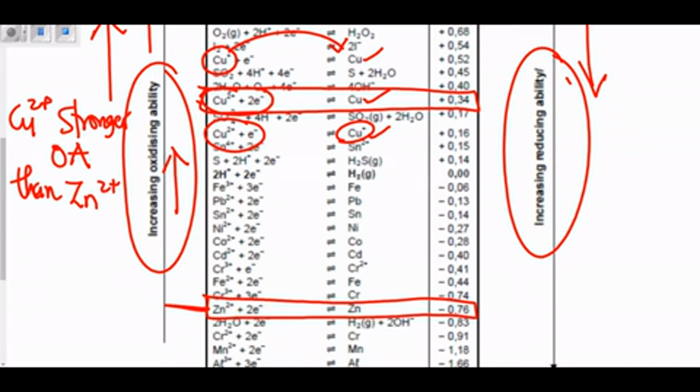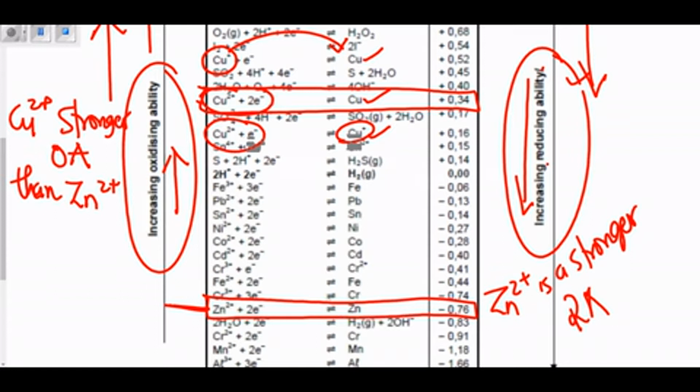Because that's what this table tells us. If I come to this side of the table, increasing reducing ability, it means zinc is a stronger reducing agent, because as you move down the table, the ability to reduce increases. So zinc is a stronger reducing agent.